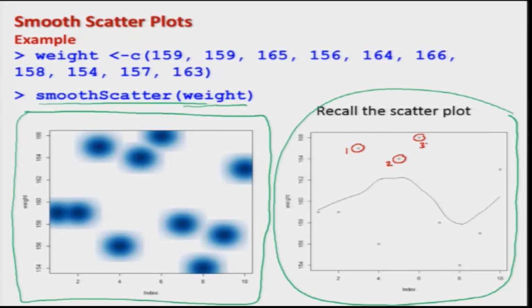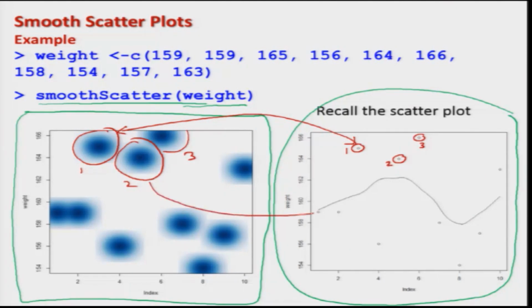Now the same points have been created with this new command smooth scatter, which are here like this, point number 1, point number 2 and point number 3. So this point is here, this point is here, and this point is here, right.